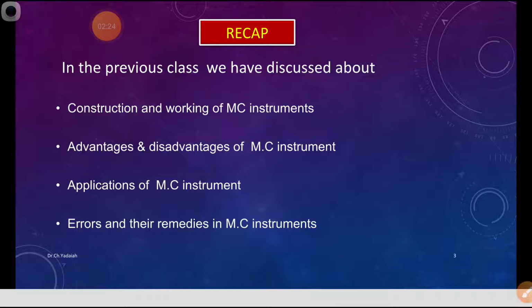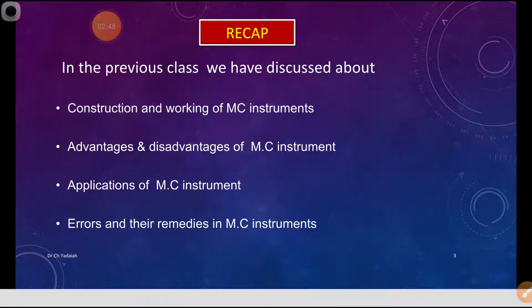At the same time, we saw how the PMMC, permanent magnet moving coil instrument, enhances its range from some milliamperes to hundreds of amperes by using shunts and multipliers.